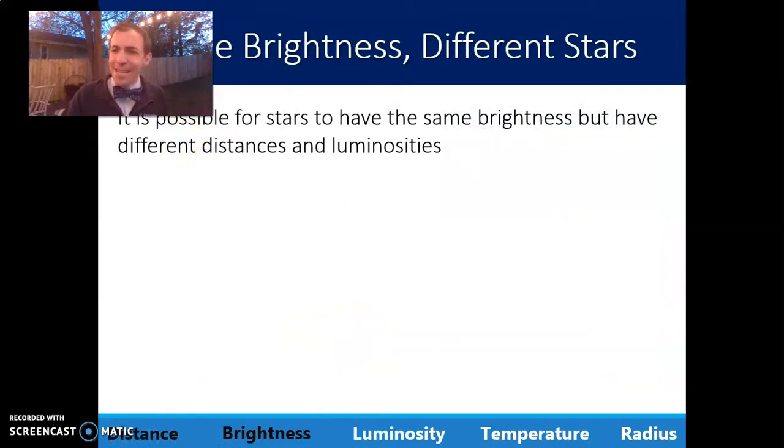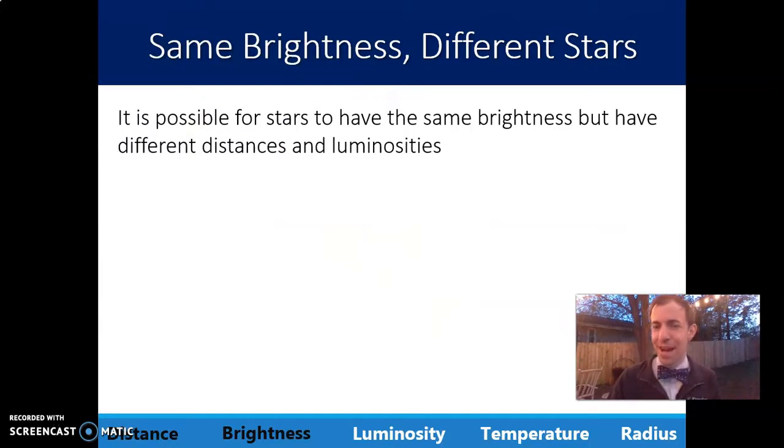Since brightness and luminosity are different, it is important to talk about what that means for us in practice. It's possible for stars to actually have the same brightness, that they look exactly the same in the night sky, but they are different distances and different luminosities. So say you have a fairly dim light bulb that is a certain distance from you.